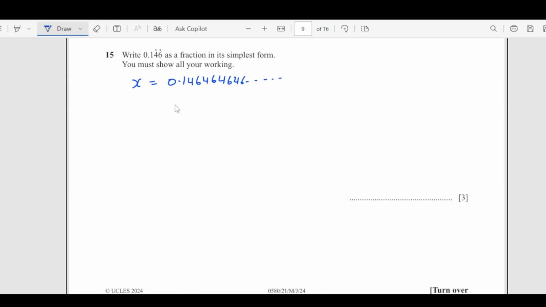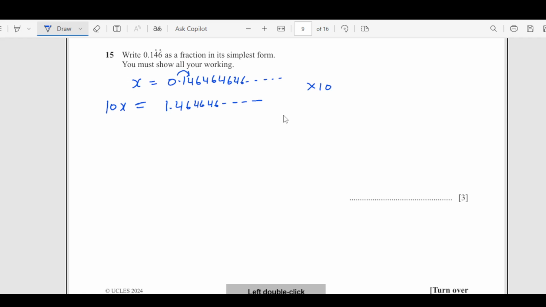So first of all we have to make the decimal part the same so that we can make it zero. So first of all I will multiply this by 10 both sides. This will become 10x equals, this decimal is going to be shifted here, 1.464646 and so on, right?